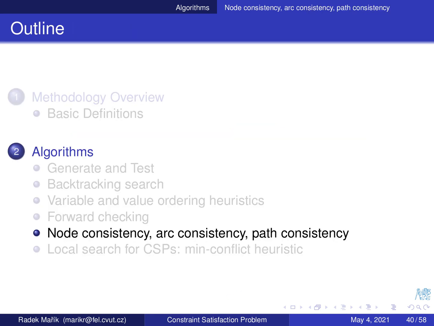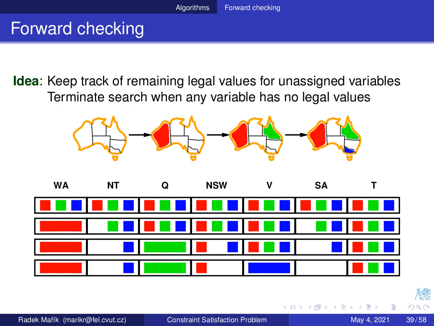That was forward checking. If you make an assignment, you drop those values from the neighbors in such a way that there are only legal values.